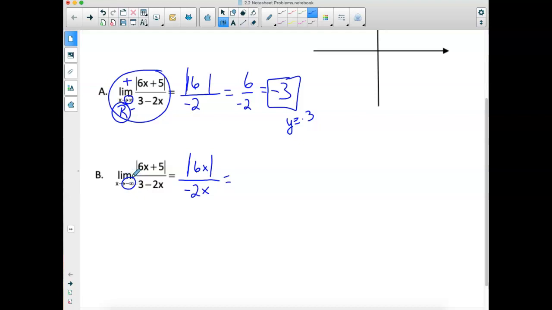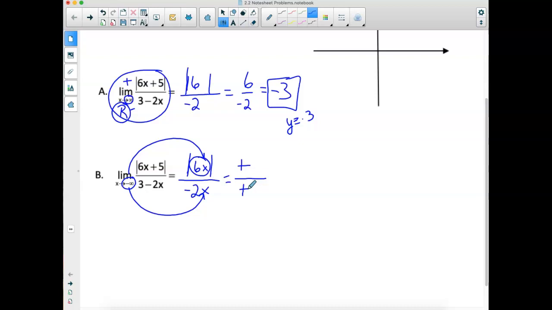Well, I don't care what I plug in there, I'm still going to have a positive number up there regardless, okay? But if I put a ginormous negative number in for x and I take it times -2, that's going to give me a positive number in the denominator. So that's going to give me a positive over a positive.